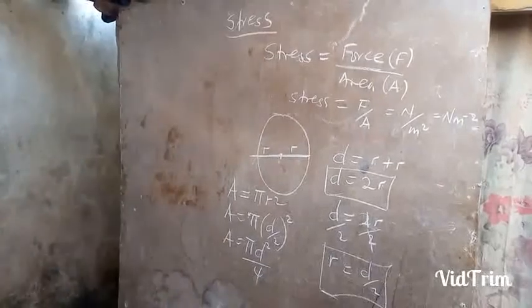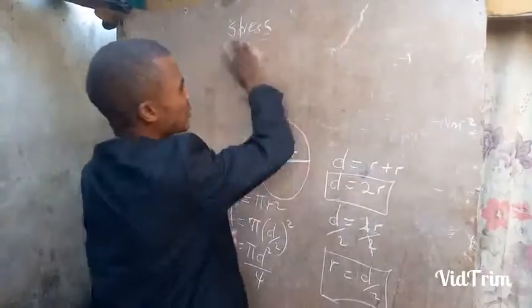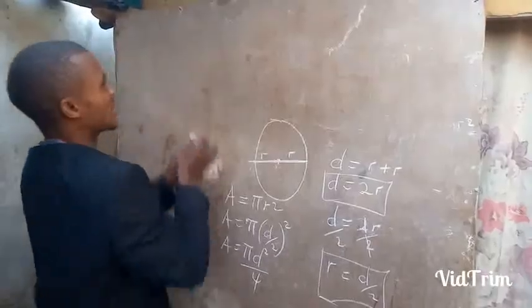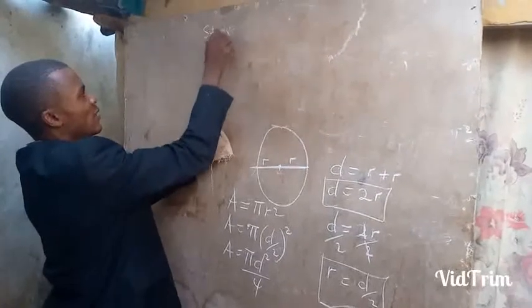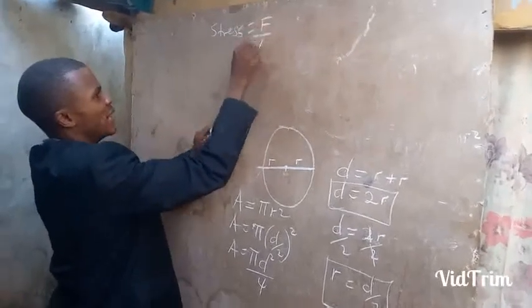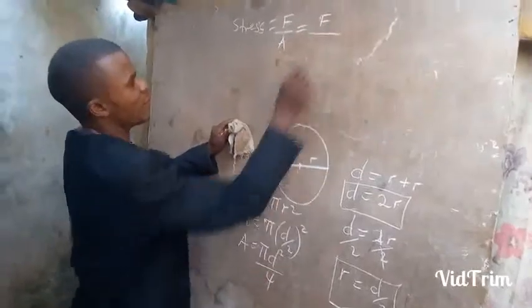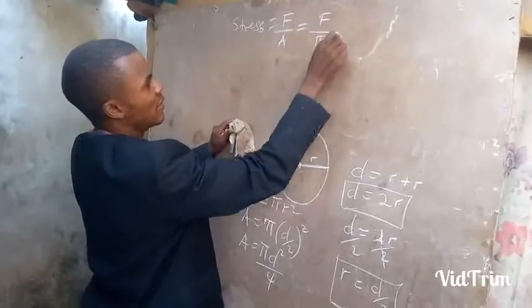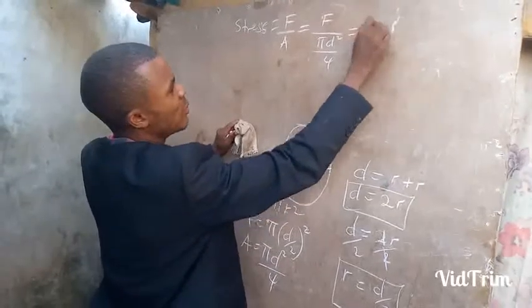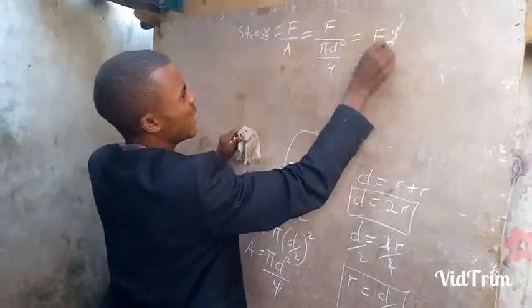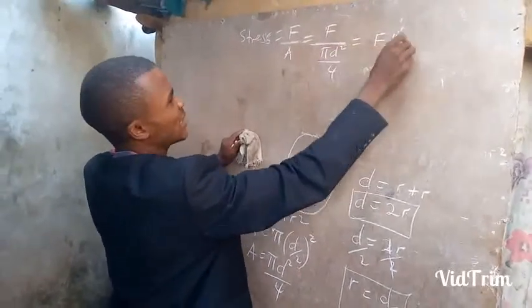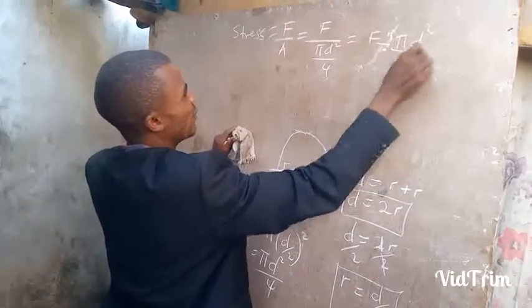That takes you to the standard form of the stress. Since stress is force over area, it is force divided by pi d square over 4. This becomes force divided by pi d square over 4.